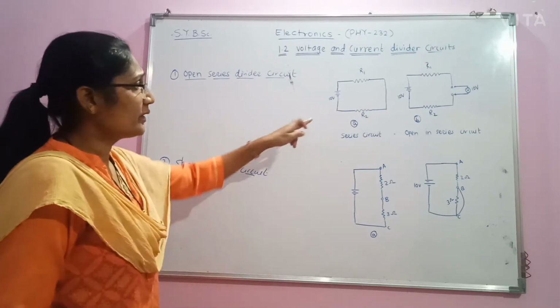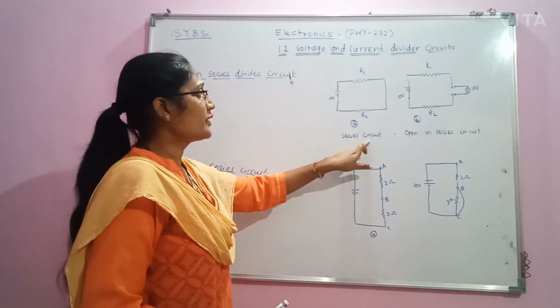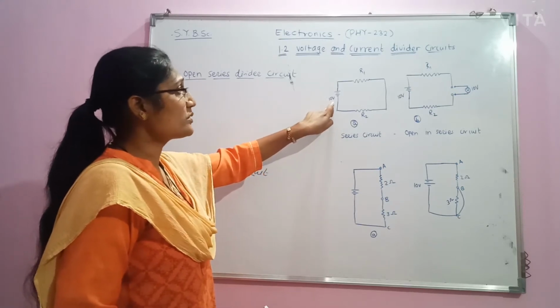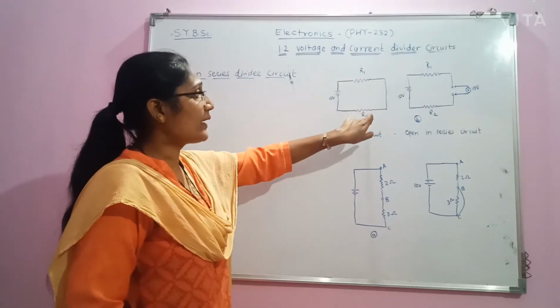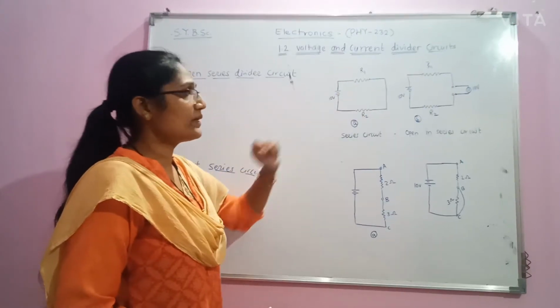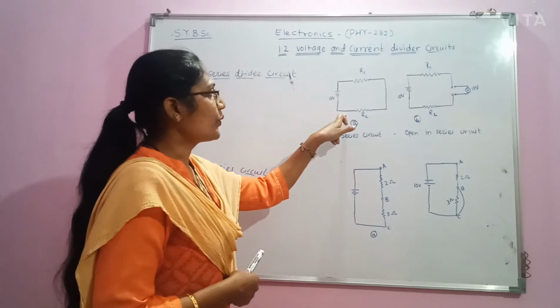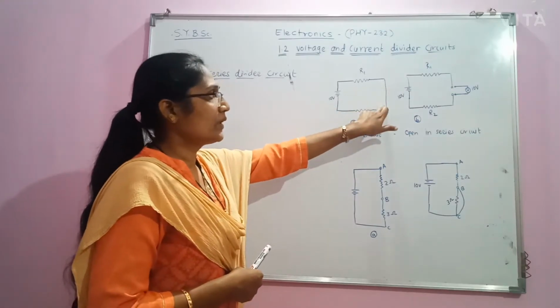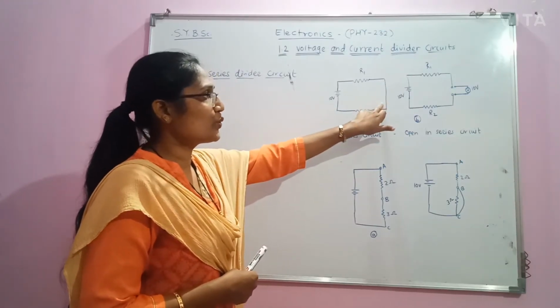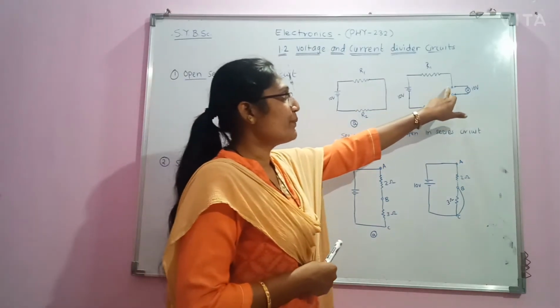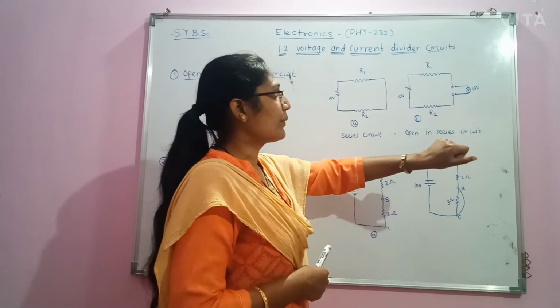Now here one series circuit is shown. It consists of a 10-volt battery source, and R1 and R2 are connected in series, forming a loop. And suppose here the circuit is closed. Now if this end of the circuit is made open, then what will happen?